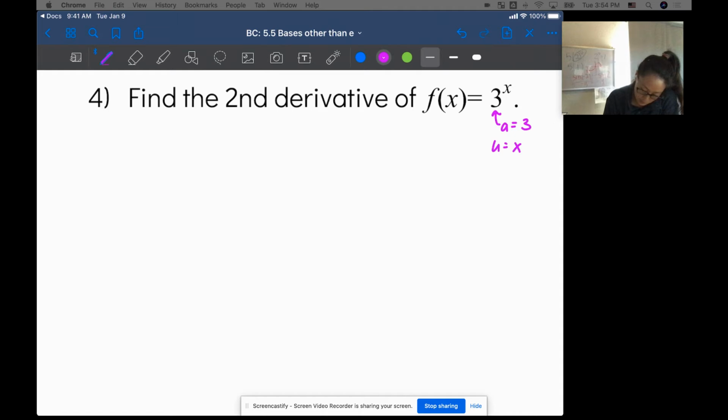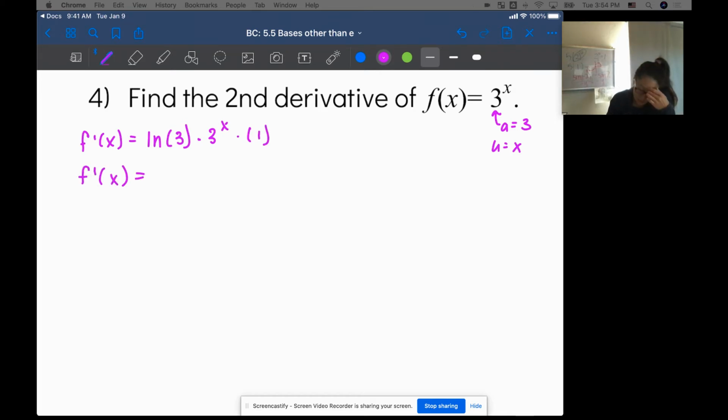Let's write it like this: f prime of x is equal to the ln of 3 times 3 to the x times the derivative of x, which is 1. So f prime of x is equal to the ln of 3 times 3 to the x.